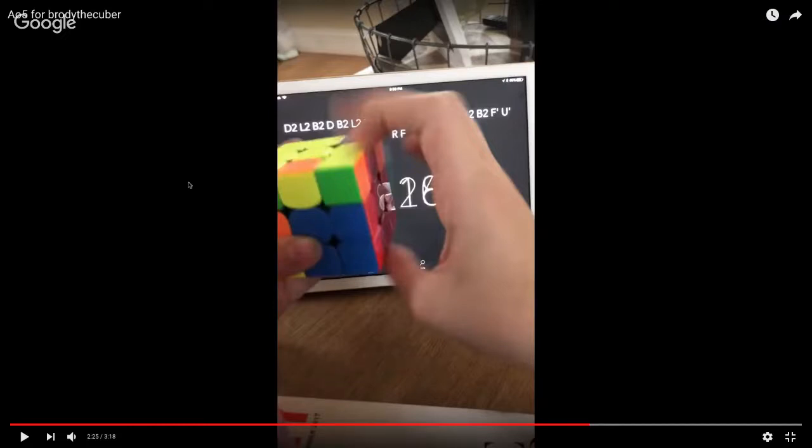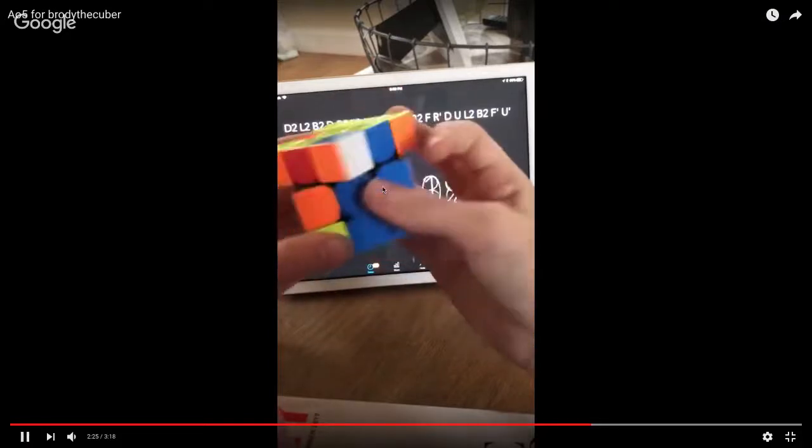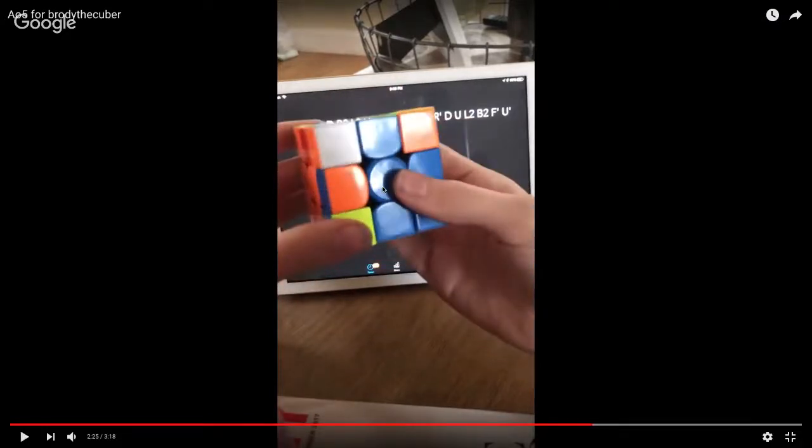And then you have this case where you have the edge flipped in its slot. And I watched you pause for this, and either you took a while to recognize this, or you intentionally picked the solution so that all of your edges would be solved.